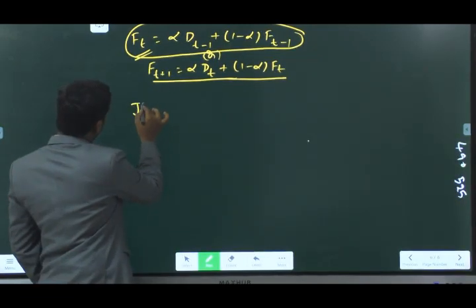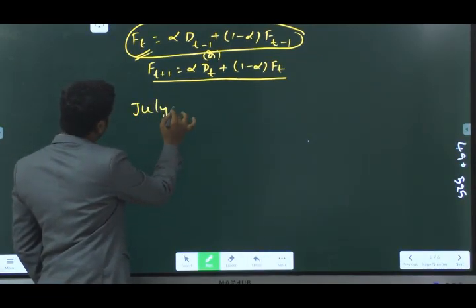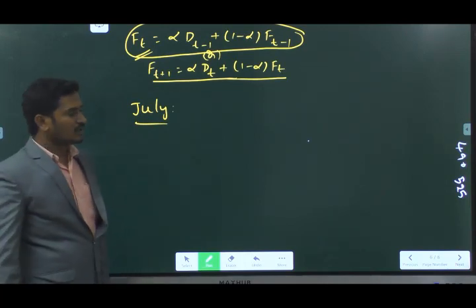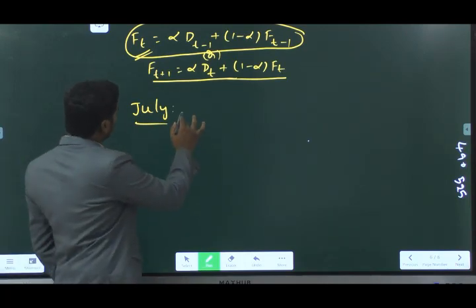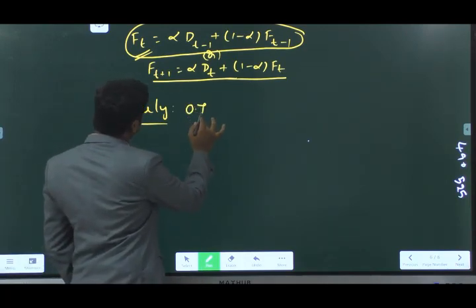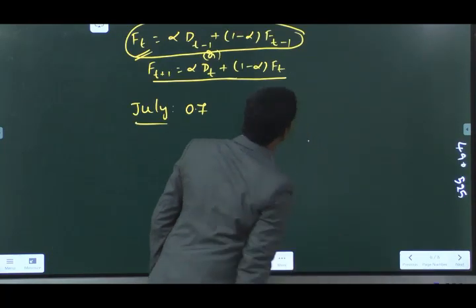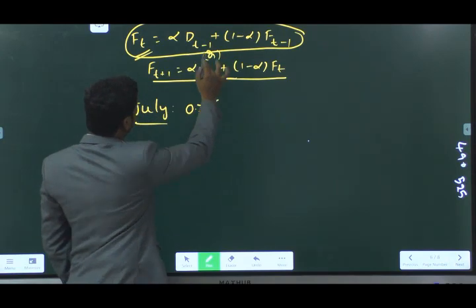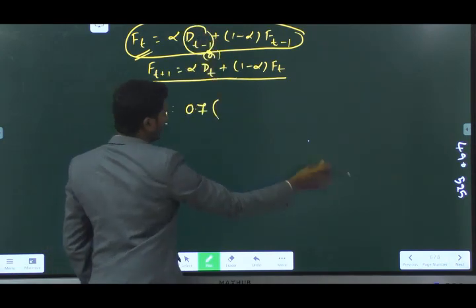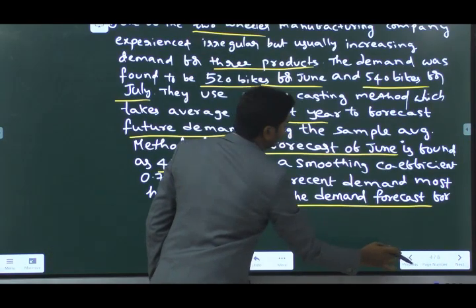First we would like to calculate the demand forecast for the July month. We know the alpha value, that is 0.7. So 0.7 into dt minus 1, which means the demand for the previous month.